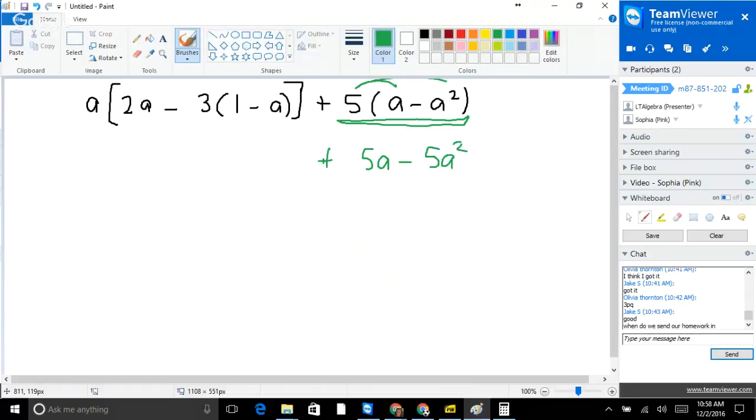Now we got all this going on over here. So what you want to do is work from the inside out. So what I mean by that is we want to deal with this first. Since it's a negative, we want to distribute a -3 because that's actually going to make our life easier.